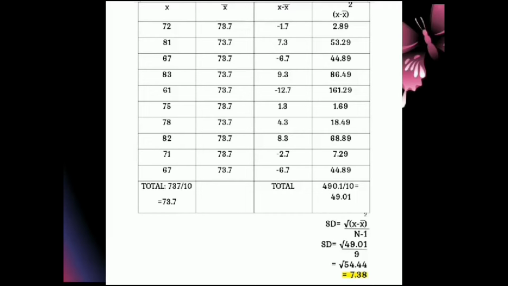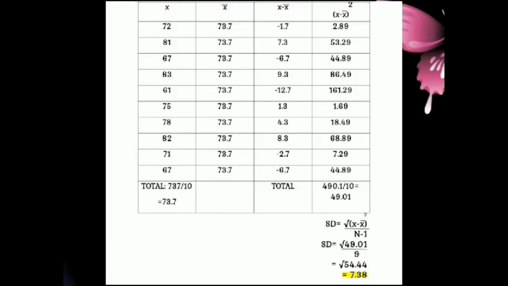So we will find the sum first and next get the difference between each score and the mean. Then square the deviations from the mean and find the average.